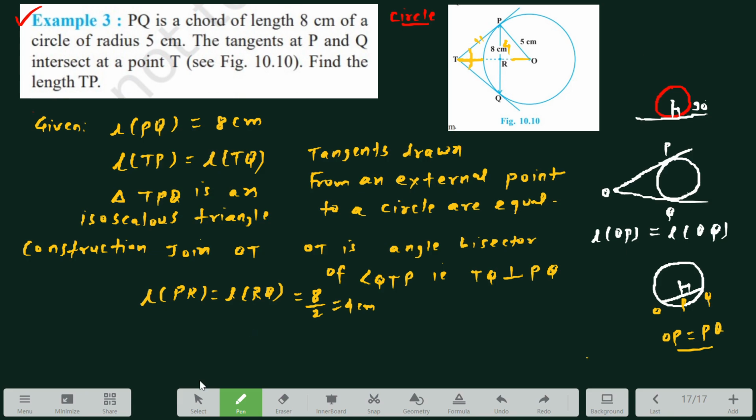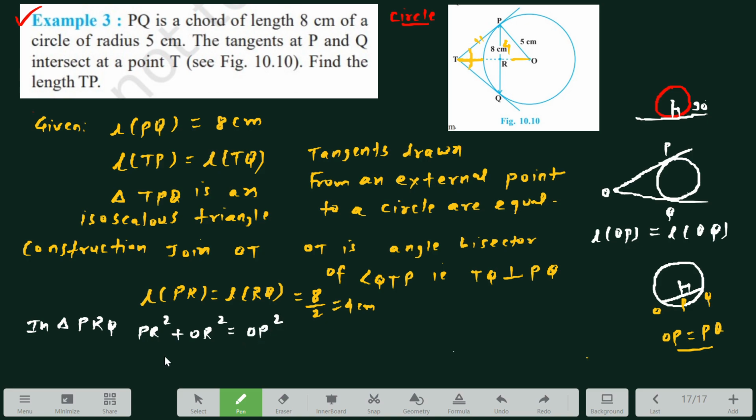In triangle PRQ, PR square plus OR square is equal to OP square.